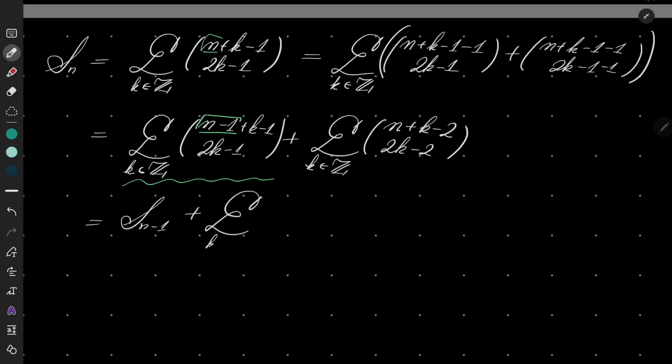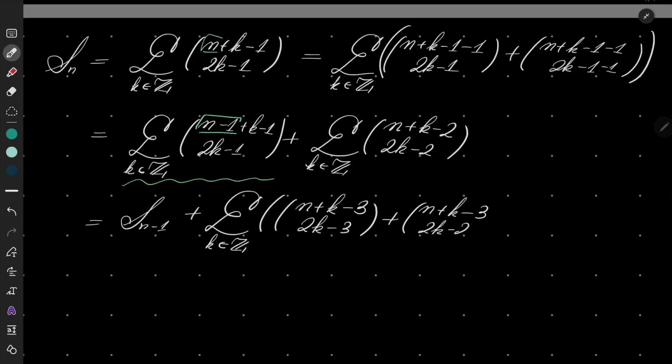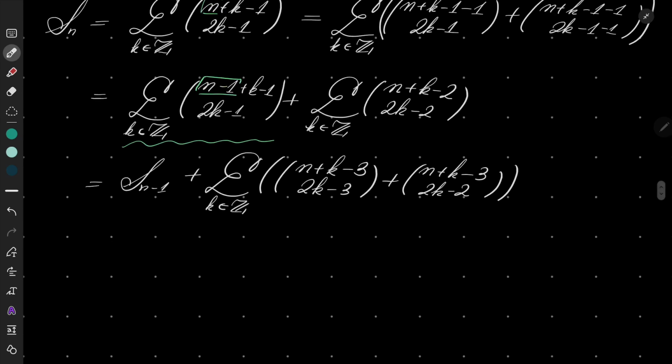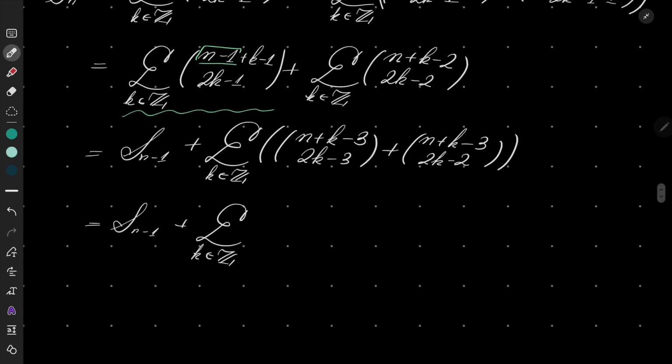Well, with the second sum, we can do exactly the same. So we can take this sum and use the recursion for binomial coefficients. So it's n plus k minus 3 choose 2k minus 3 plus n plus k minus 3 choose 2k minus 2. Okay? And now let's split it into two different sums, k going over all integers. The first part, let's take a look.